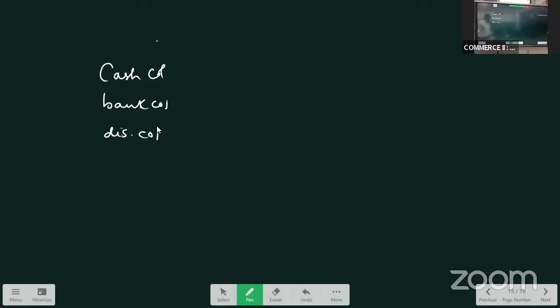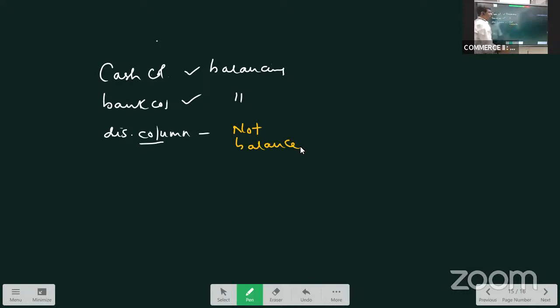We do the balancing of cash column. Sir, do we do the balancing of bank column? Yes, we do the balancing of bank column. Sir, do we do the balancing for discount column? Answer is we will not balance discount column.